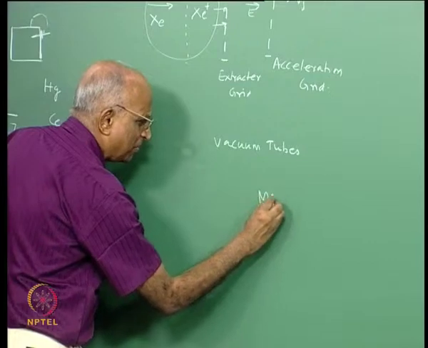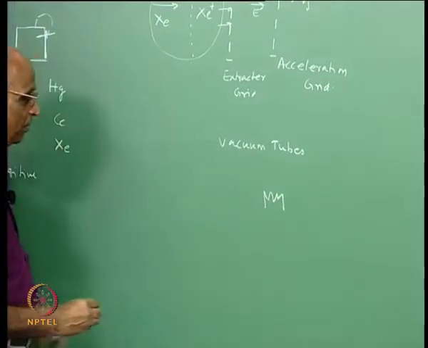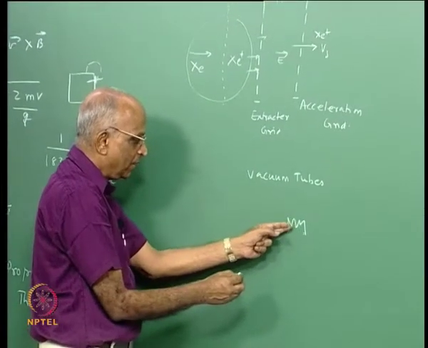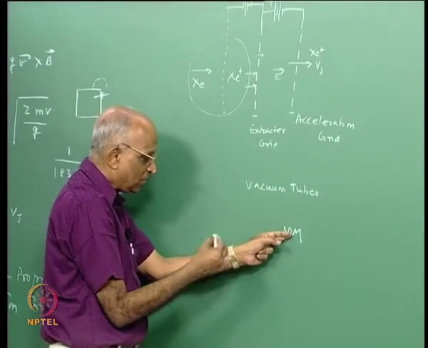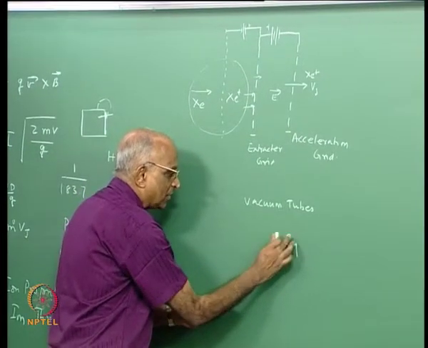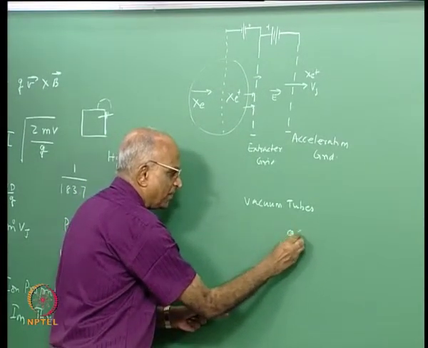We had something like a filament, preferably of tungsten, which used to generate, when I heat the tungsten, the work function of tungsten is low, so that when it is heated it could create electrons, that means negative charges.